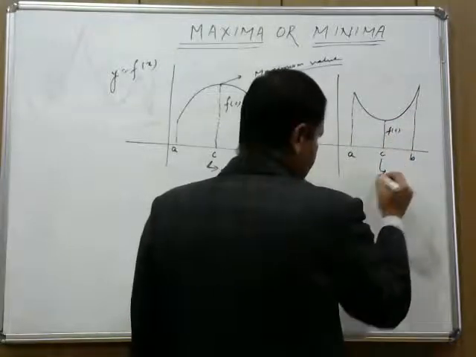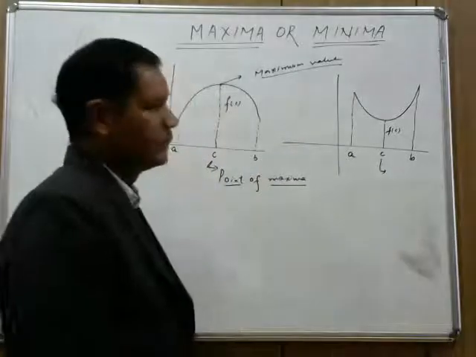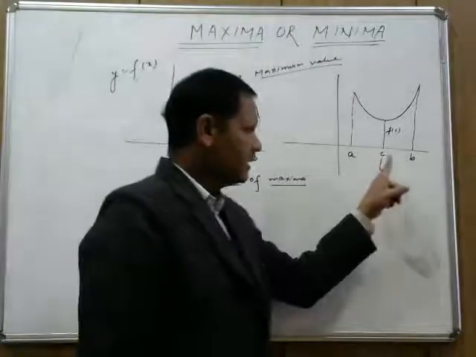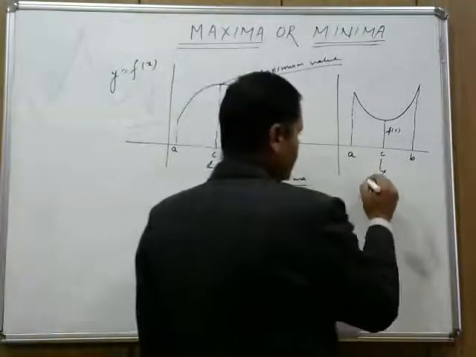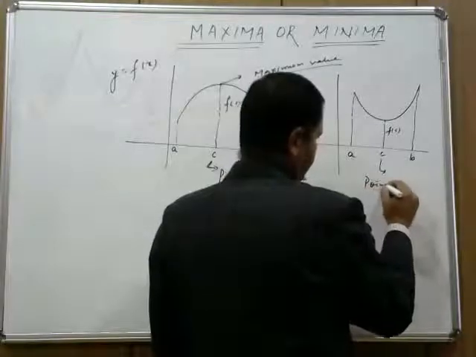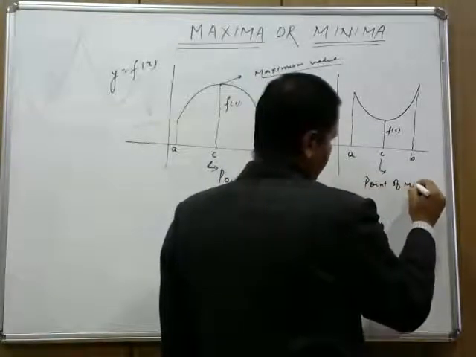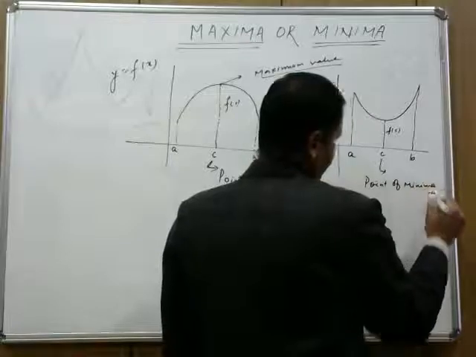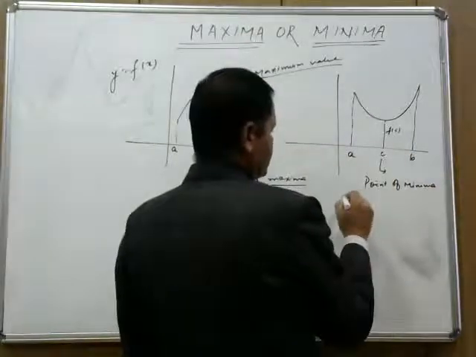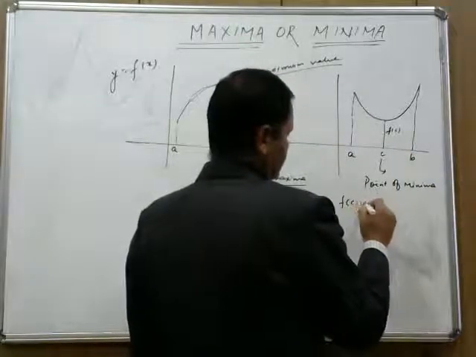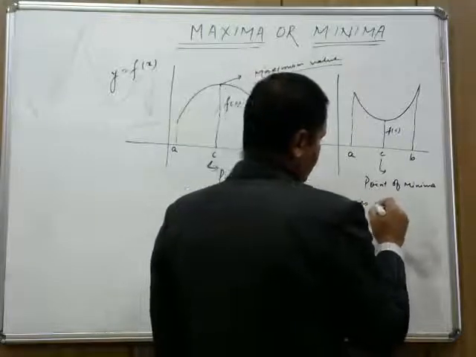Now here we see that at this, c is the point of minima, and f of c is the minimum value.